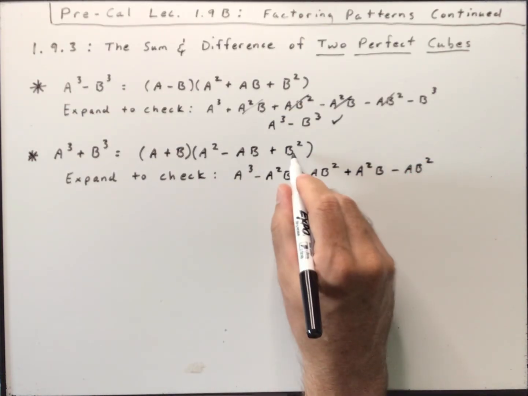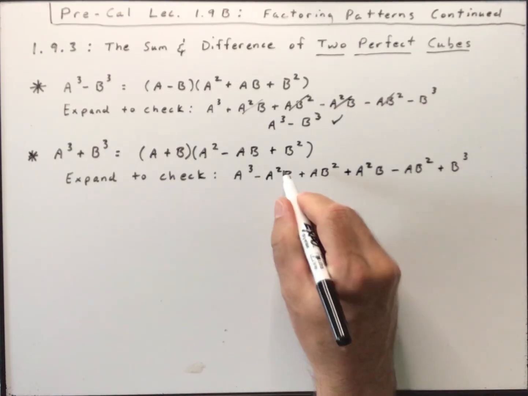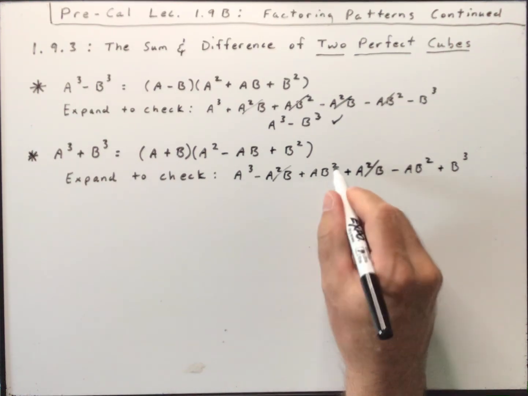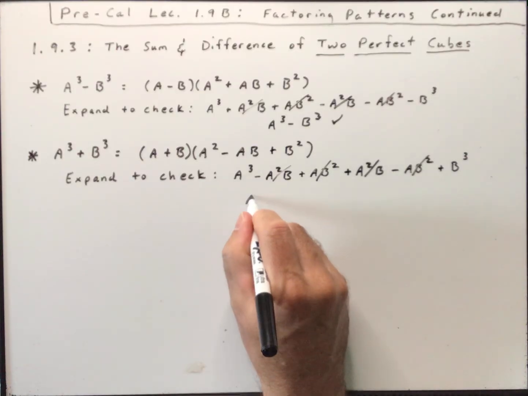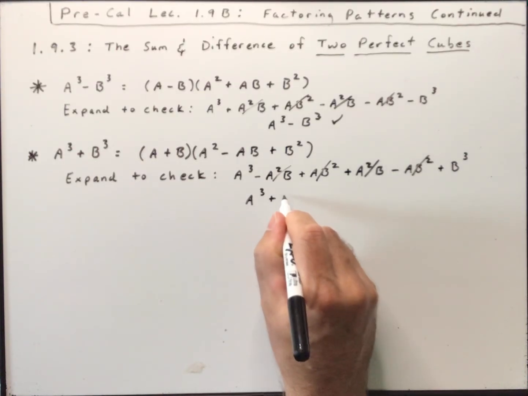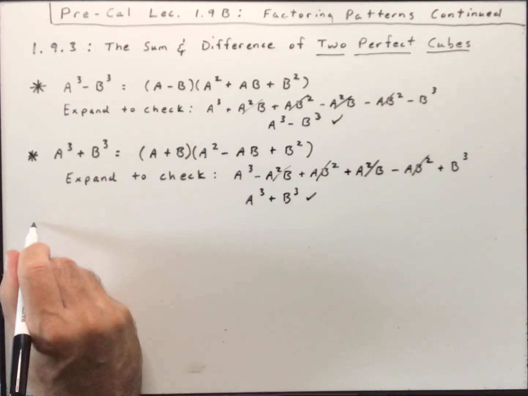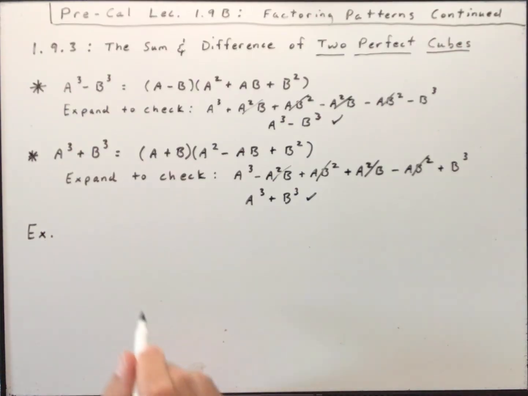And then b times b squared would be plus b cubed. And all these middle terms cancel, and you're left with a cubed plus b cubed. Okay, so let's use these formulas with some examples here.